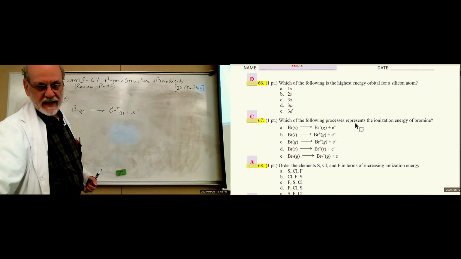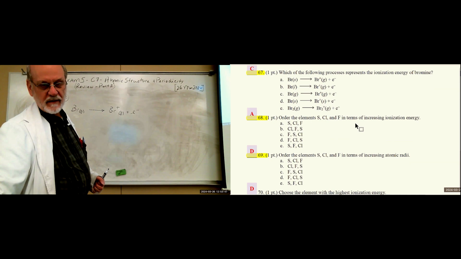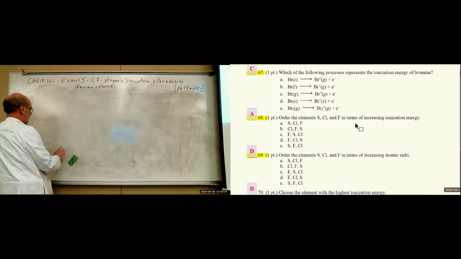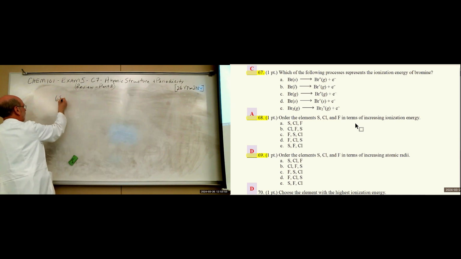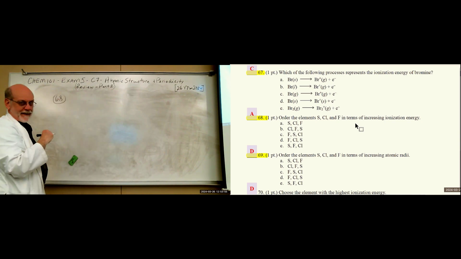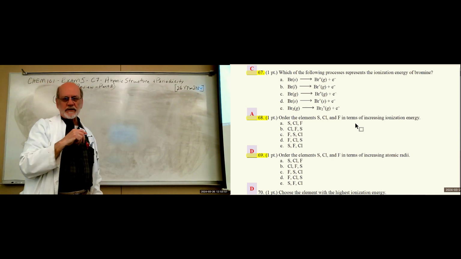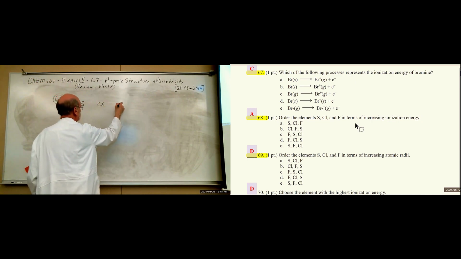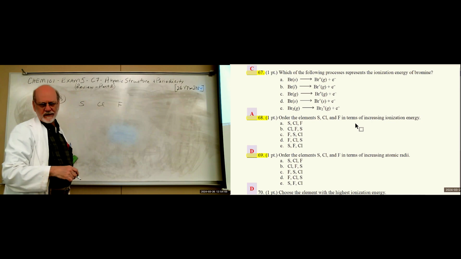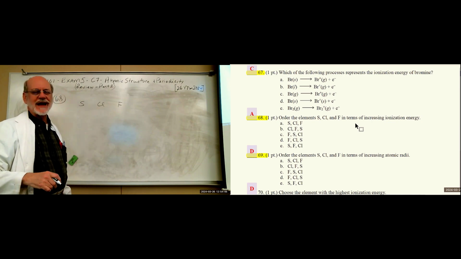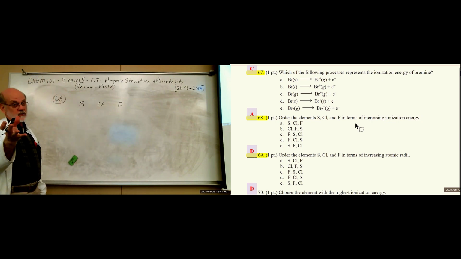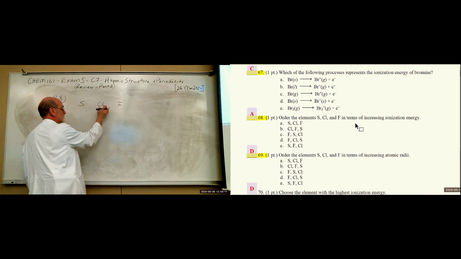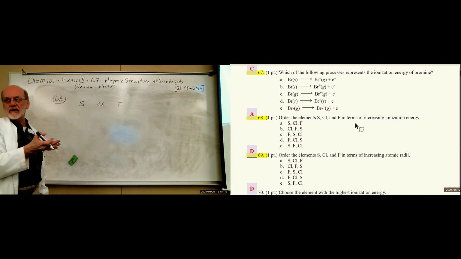All right, 68. Let's see. Order the elements sulfur, chlorine, fluorine, in terms of increasing ionization energy. And I assume what they mean, since they're giving you just the neutral symbol, that it's the first ionization energy.